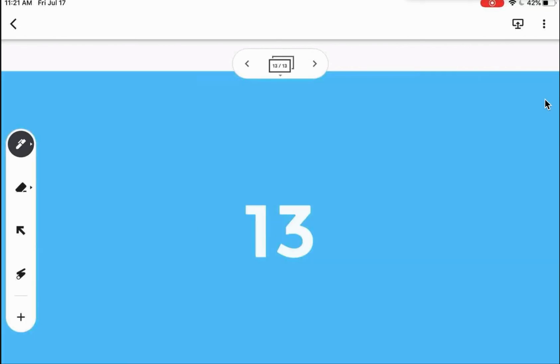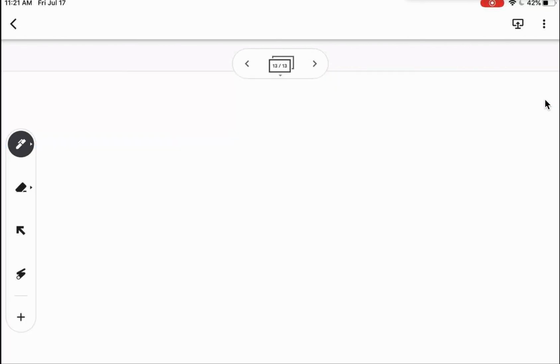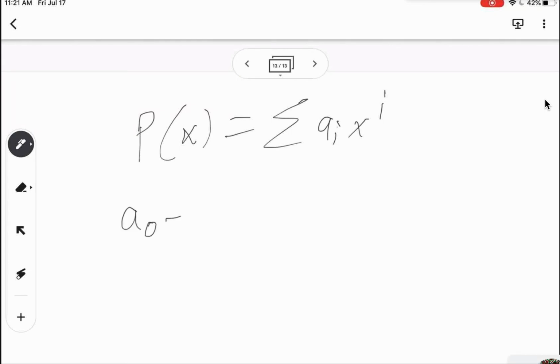So, for example, if you have something like P of x equals the sum of a sub i x to the i, where i goes from 0 to infinity, and you want to find a sub 0 plus a sub 4 plus a sub 8 and so on to infinity, well, you would need some way to cancel out all the terms that are not multiples of 4, right?